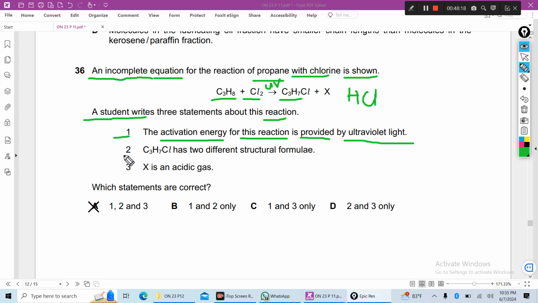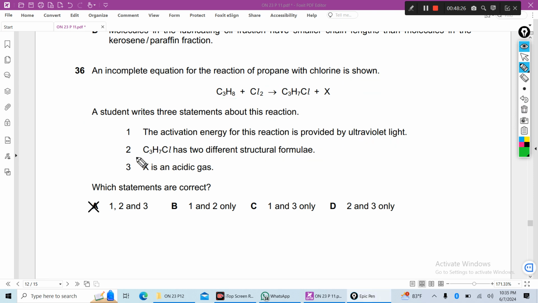And 2, C3H7Cl has 2 different structural formulae. Yes, this is chloropropane. So one will be 1-chloropropane, where propane has carbon 1 containing chlorine and the others are hydrogen.